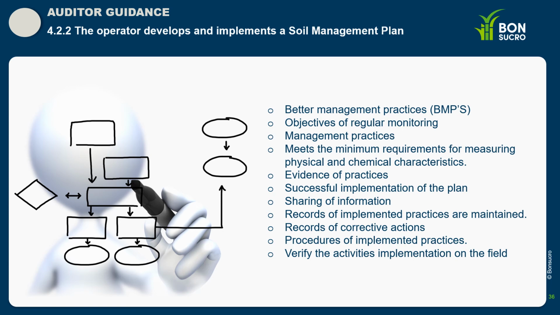How do they measure to improve the soils and/or to safeguard the soils and to keep them protected from erosion or degradation? So what information they have, how they manage it, how they process it, and how they plan to improve and keep these soils in the future. Of course, records and evidence of the implementation.